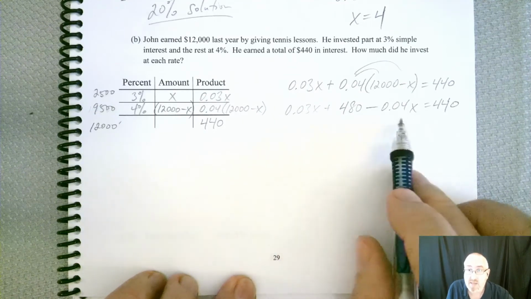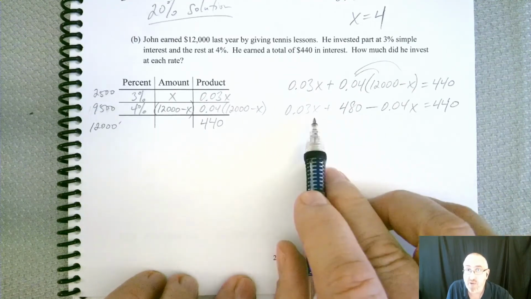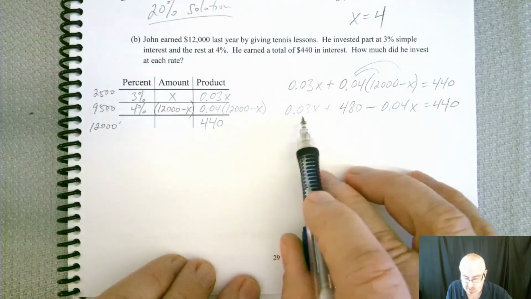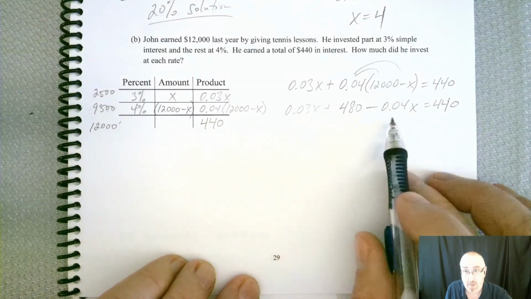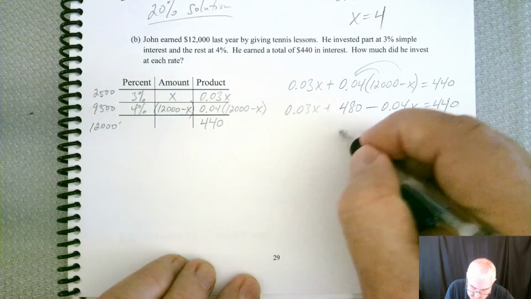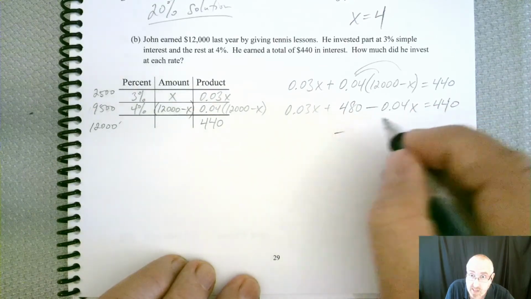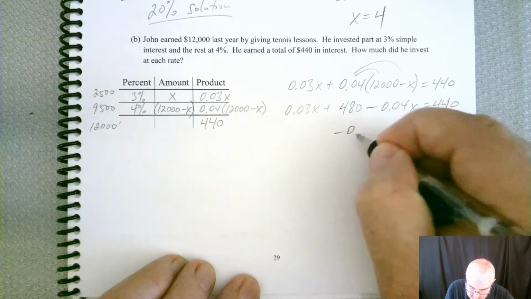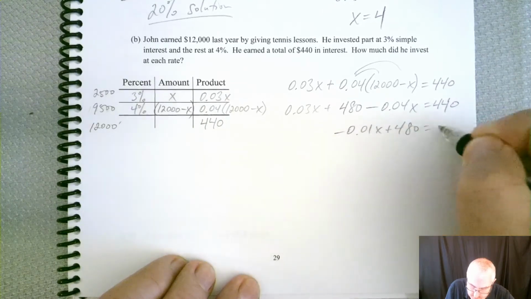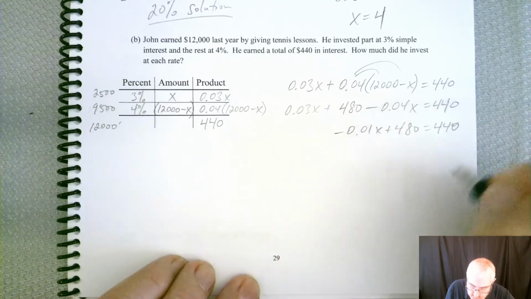Well, we have some x's that we can combine on the same side of the equals. So remember, we're not using the addition property. We're just flat out combining them. So what's 0.03x minus 0.04x? Well, we better get a negative because this one's bigger and it's negative. So negative 0.01x plus 480 equals 440.